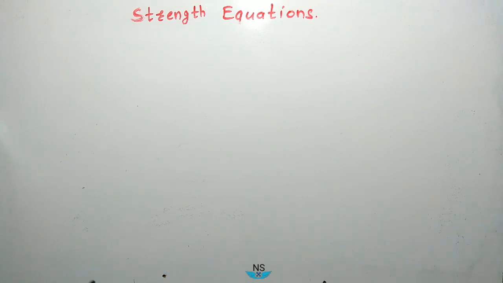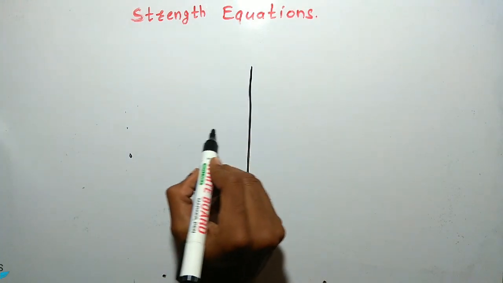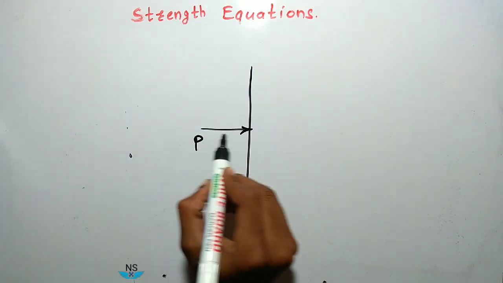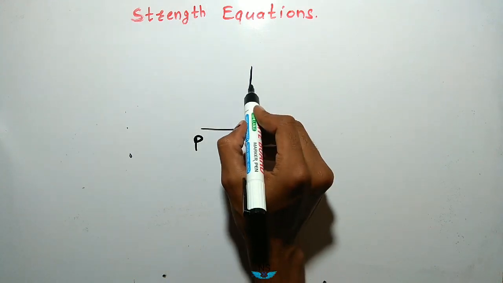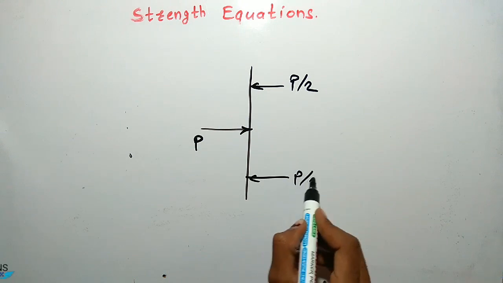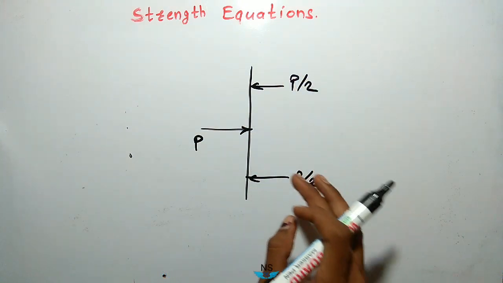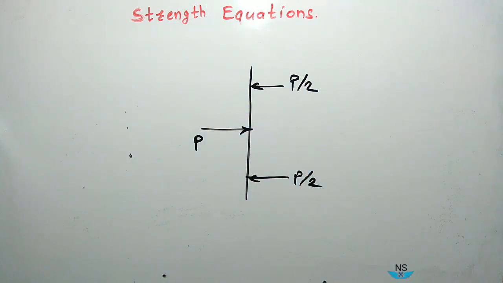Bending failure of cutter will take place because this is a cutter, and we know that on the cutter here is load P, here is P by 2, here is P by 2. So due to this type of loads, bending of cutter will also take place. So bending failure of cutter should be considered in the strength equation.